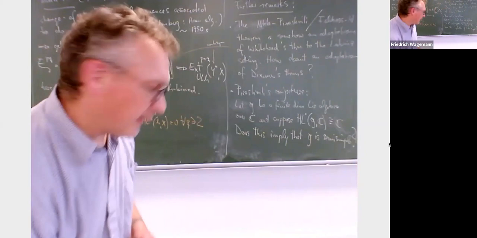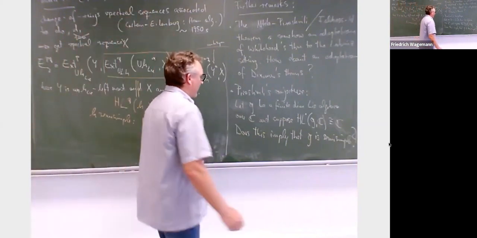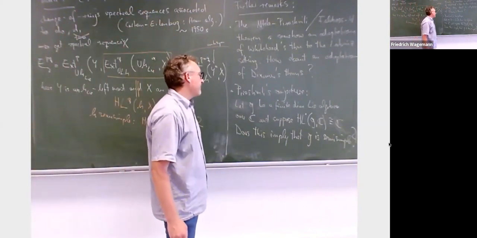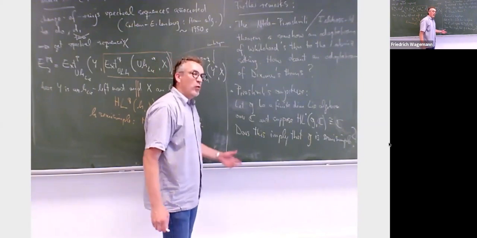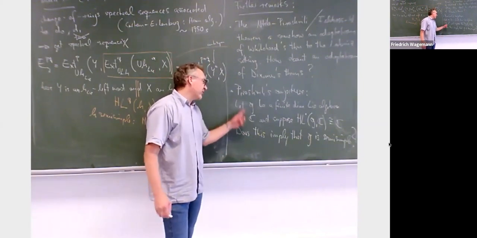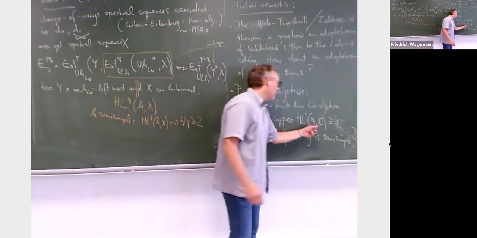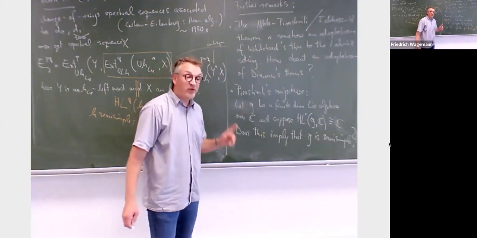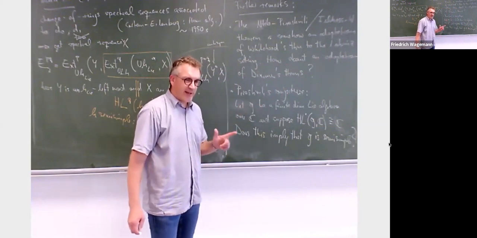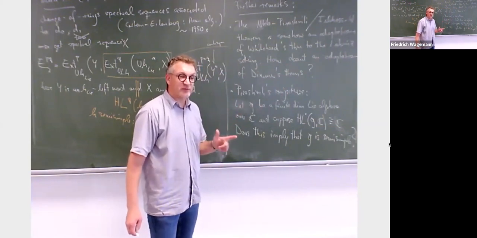In fact, one can deduce from this cohomology vanishing that G must be a perfect Lie algebra and that the center of G must be 0.